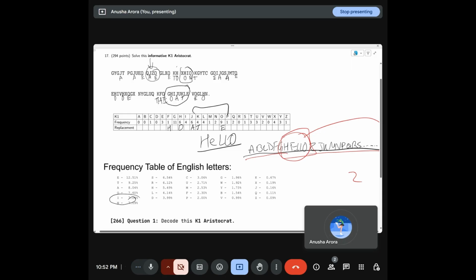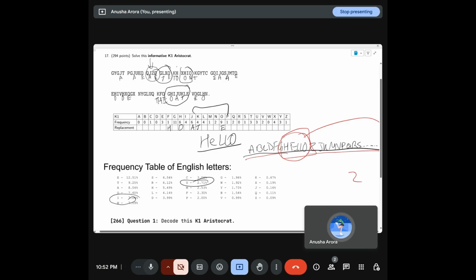So let's see. L also has a decently high frequency with 4. So I'm going to guess again. Seeing that this word right here probably also has a vowel in it, we're going to guess that L is going to be an I, because U's are very unlikely.